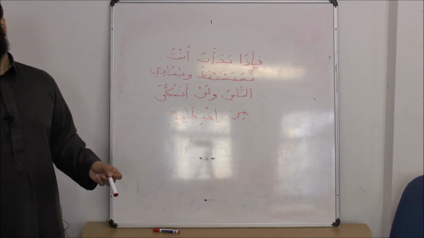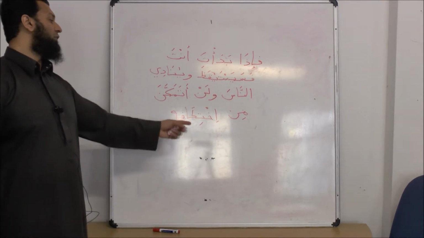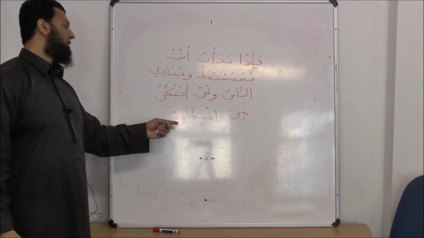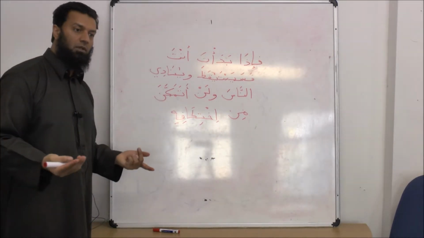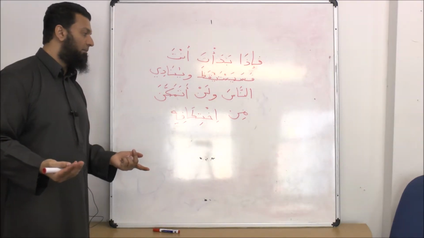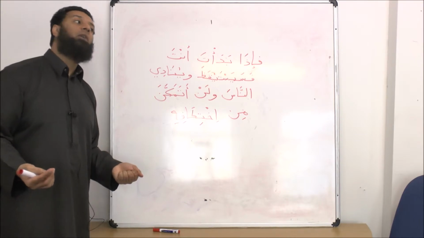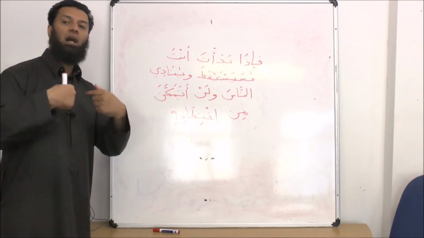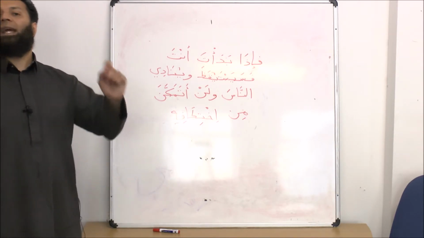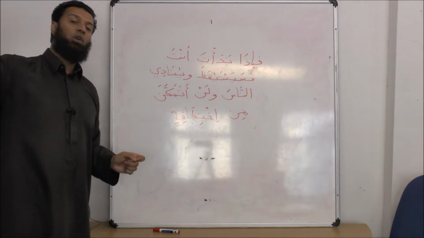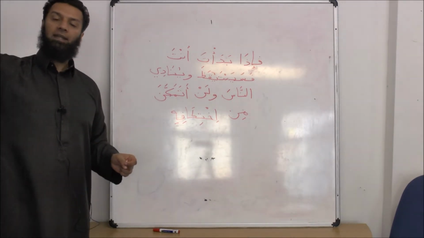Okay? If you were to say this as a fi'lun, as a verb, using اختطف, you would say وَلَنْ أَتَمَكَّنَ, and I will not be able, min an أختطفه, I kidnap him.